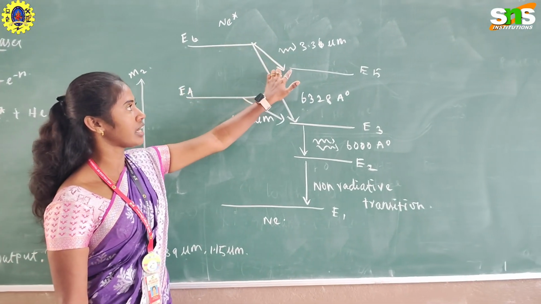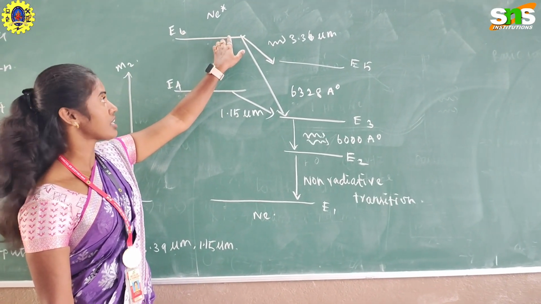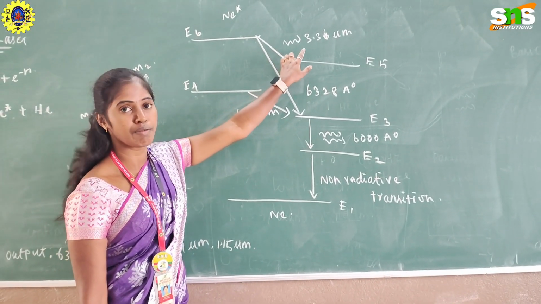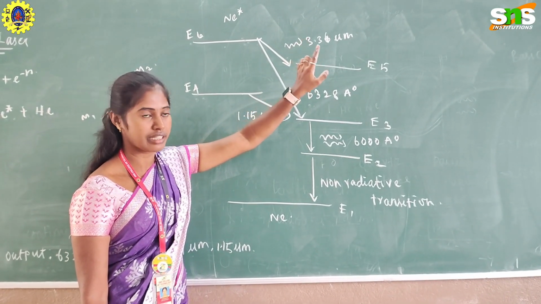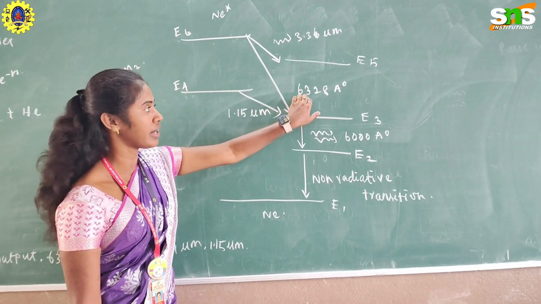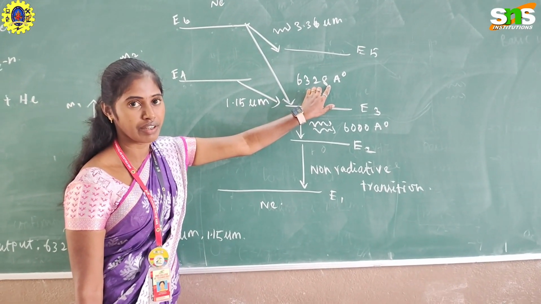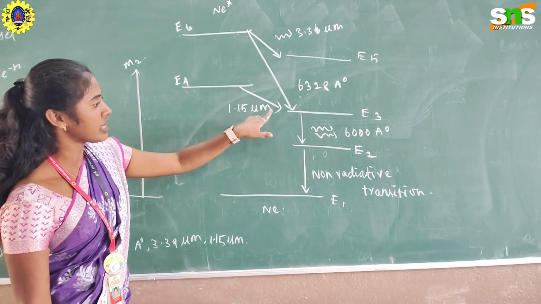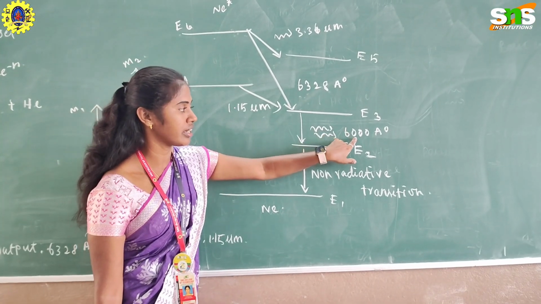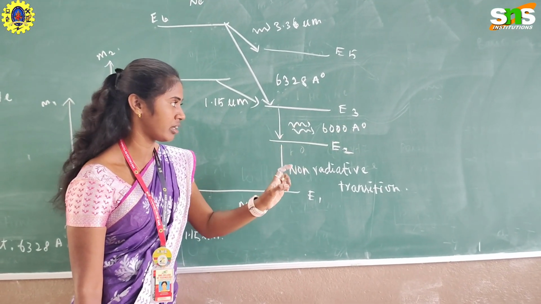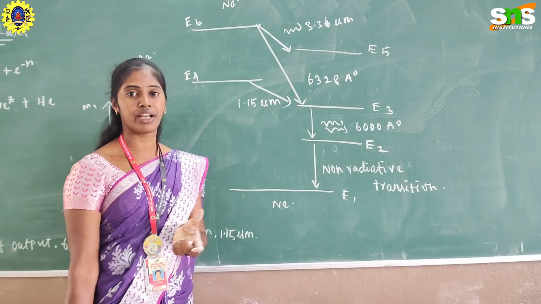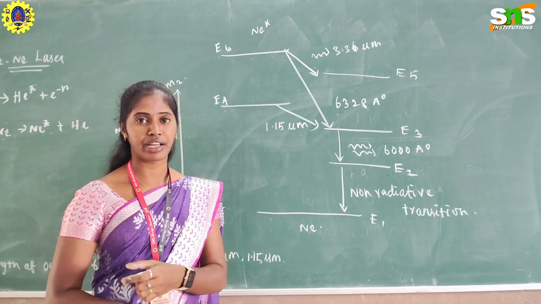Then E6 to E5 emits 3.39 micrometer wavelength of laser source, and E6 to E3 emits 6328 Angstrom wavelength. Then E4 to E3 emits 1.15 micrometer, and E3 to E2 emits 6000 Angstrom. So these are the 4 types of wavelength we get from the helium neon laser.